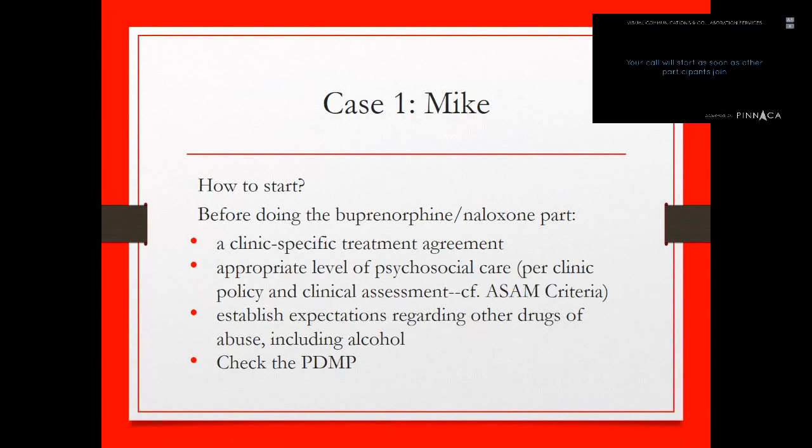ASAM criteria can be cumbersome and costly, but really it's a matter of clinicians deciding on what they're comfortable with. Hopefully they're comfortable with a fairly high degree of acuity given the support that we can provide from Max. But you want to make sure that clinicians feel comfortable with the patients they're treating, I should say. As part of the clinic-specific treatment agreement, we'll be establishing expectations regarding other drugs of abuse, including benzodiazepines, including alcohol, and as I already mentioned, checking the PDMP.